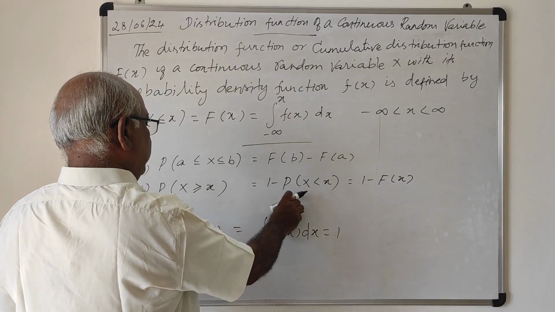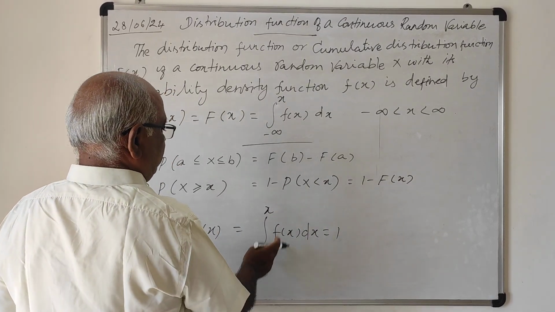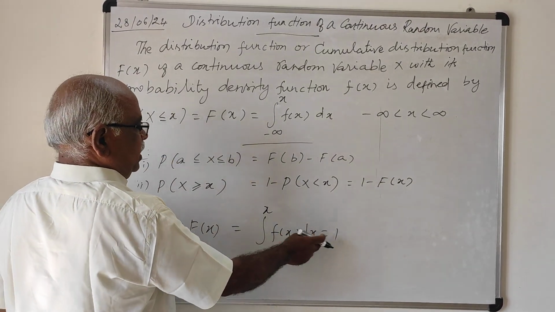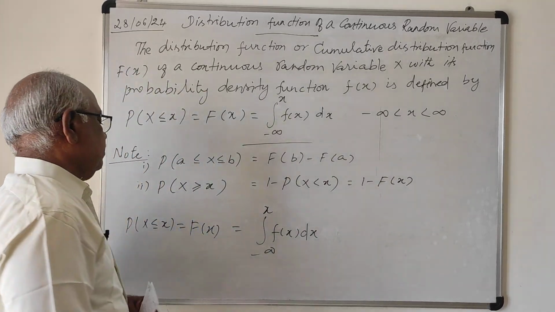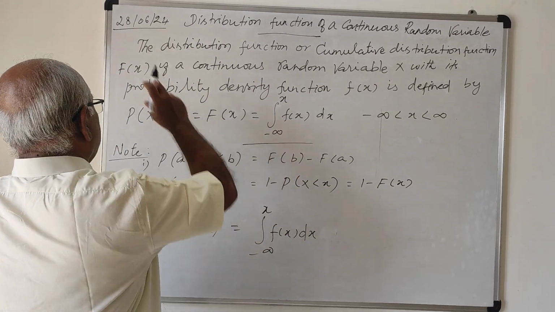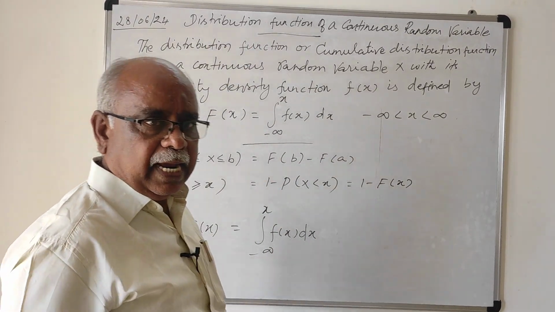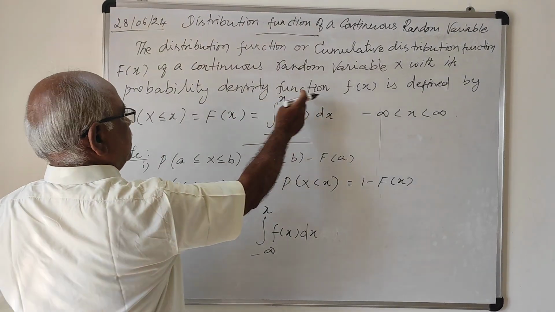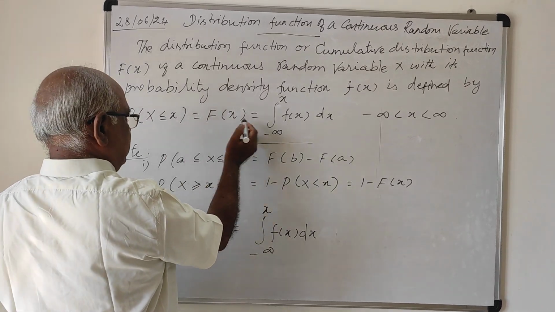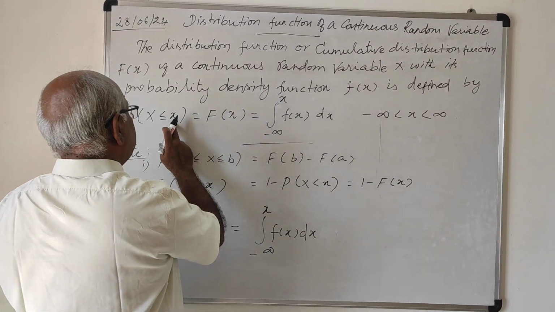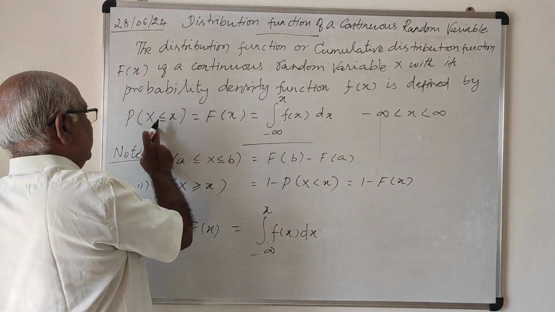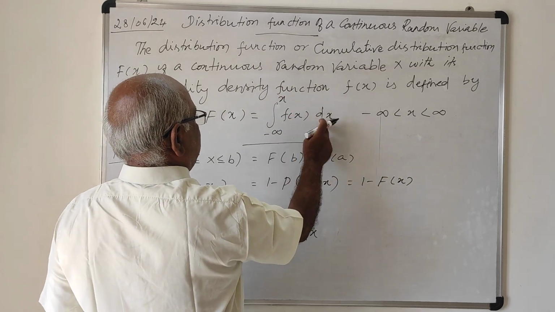We should not go up to infinity; we stop at the stage x where x is defined. The integral from minus infinity to x of f of x dx is called capital F. The distribution function or cumulative distribution function capital F of x of a continuous random variable x with its probability density function small f of x is defined by the probability of x less than or equal to x, that is, capital F of x equals the integral from minus infinity to x of f of x dx.